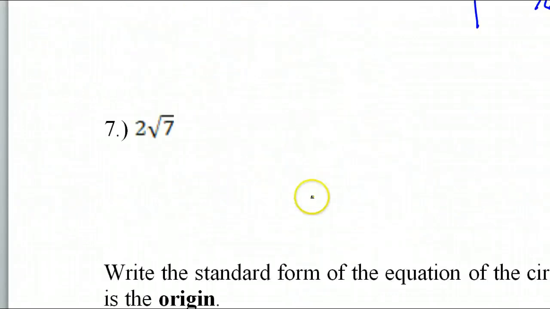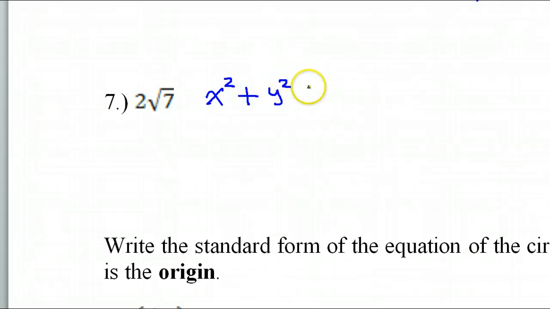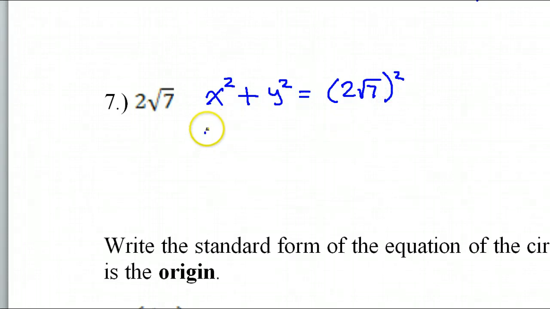So for number 7. Okay, so I've got plus y squared. All right, my computer's really lagging for some reason. Is equal to the radius squared. Okay, and again, I could put this in my calculator.